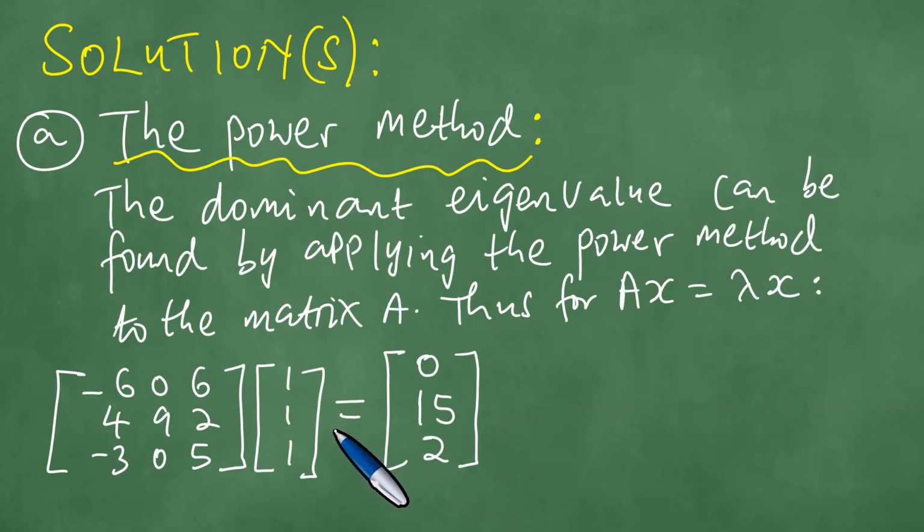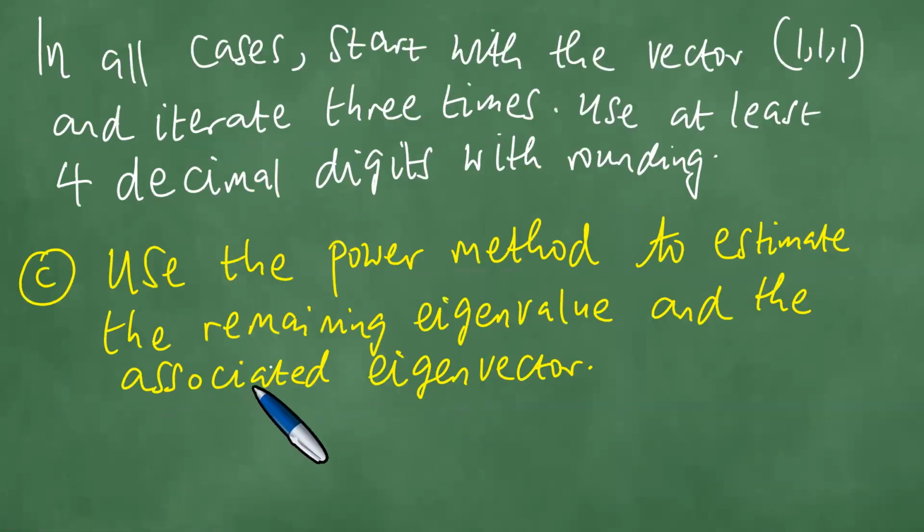We perform comparison because we have a 0 entry here, and obviously we are dealing with the dominant eigenvalue. It is sensible to say the number 15 is the most dominant, but also because we need to compare with the 1, 1, 1 vector, we attempt to achieve that.